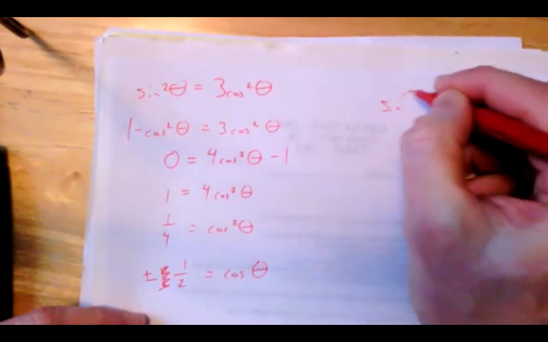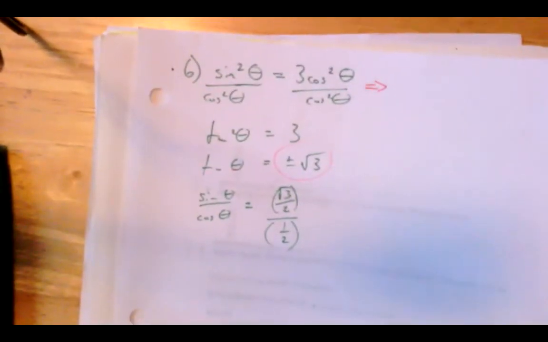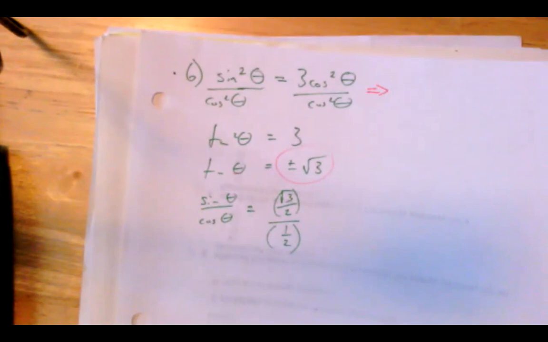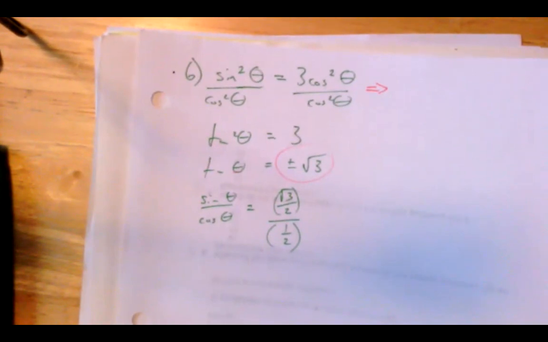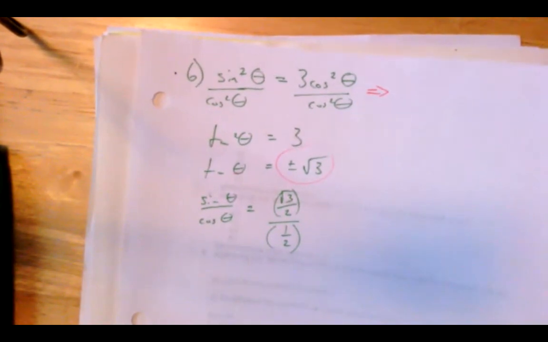Anytime I see those, I'm thinking I can do something with identities for sure. With this, I don't know that it would have occurred to me to make it tan squared.